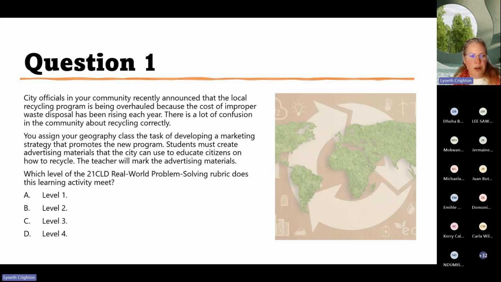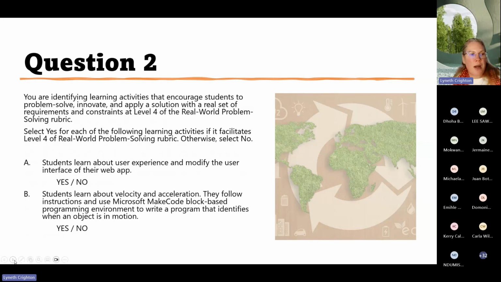This is only a rubric that has 4 levels, not 5. So another one is that you have to decide if they are level 4, remembering that a level 4 means it requires innovation. It's got to be real world, and it's got to be problem solving.